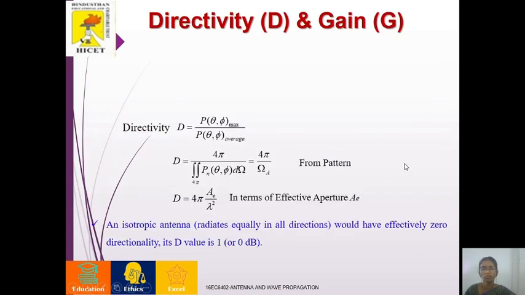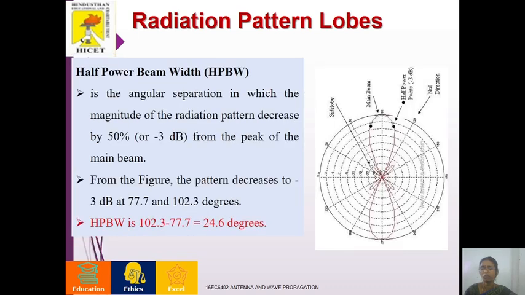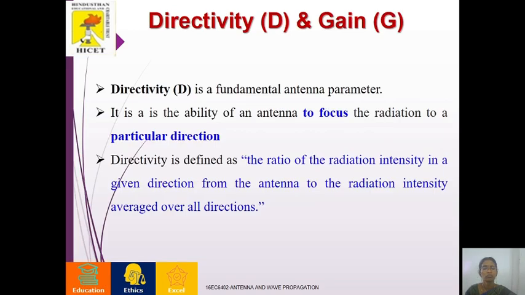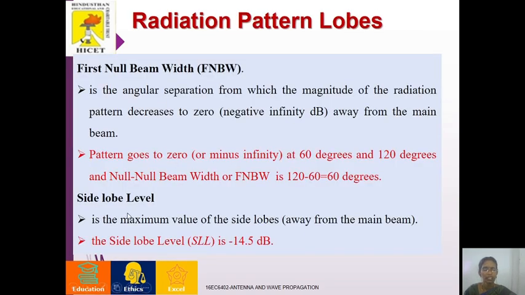You can see in this diagram, the null directions exist at 120 degrees and 60 degrees. Side lobes. Side lobes give the maximum value away from the main beam. So, the side lobe is a part of the minor lobe, and here the side lobes exist at minus 14.5 dB.